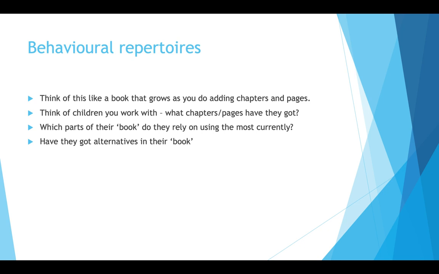So have they got alternatives in there? Has anyone ever taught them, okay, you find this difficult, let's add into your chapter on how to get out of doing things which are difficult, a strategy to ask for help, a strategy of managing that, a strategy of how to cope with doing that hard thing.